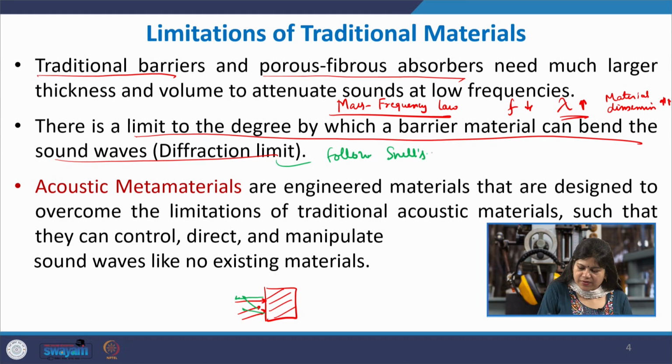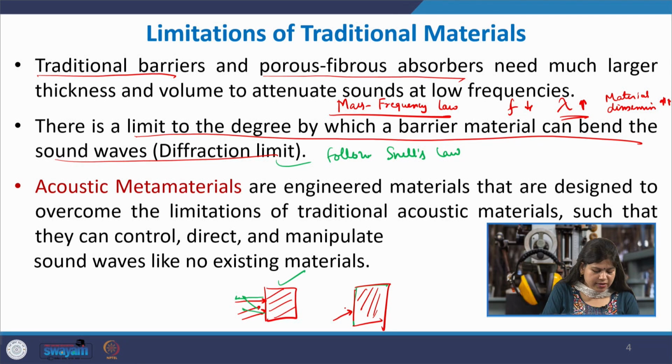Snell's law, which we have studied in acoustic fundamentals, means there is a limit to which it can diffract. You cannot expect that if you have some traditional barrier material and some sound wave is coming and you want to achieve a lot of manipulation, it will revert it in the other way.